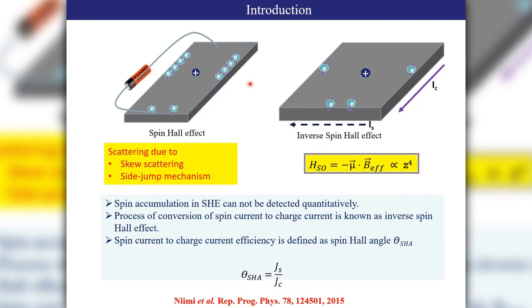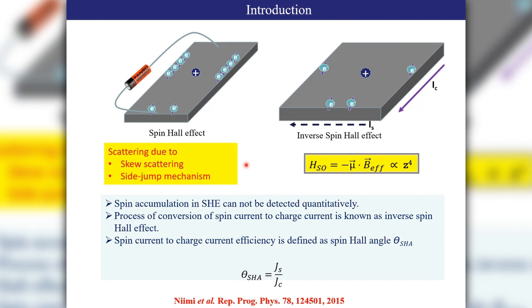The generation and detection technique of spin is the spin Hall effect. We know spin accumulation in the SHE cannot be detected quantitatively, and the process of conversion of spin current to charge current is known as the inverse spin Hall effect, where we inject a charge current into a heavy metal.